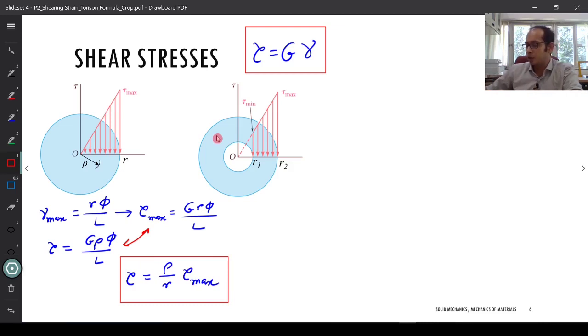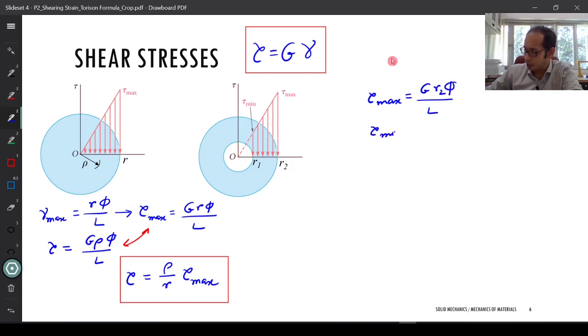Now for the hollow shaft, how are the expressions going to be? Very similar to this one. You can already imagine that here my tau max is going to be G R2 phi divided by L, right?